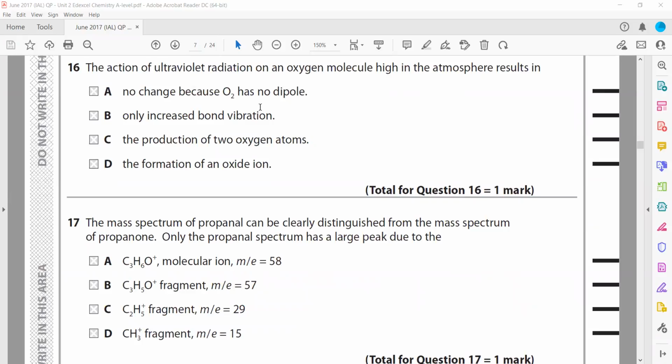In question 16, the action of ultraviolet radiation on an oxygen molecule high in the atmosphere results in what? So what is the effect?